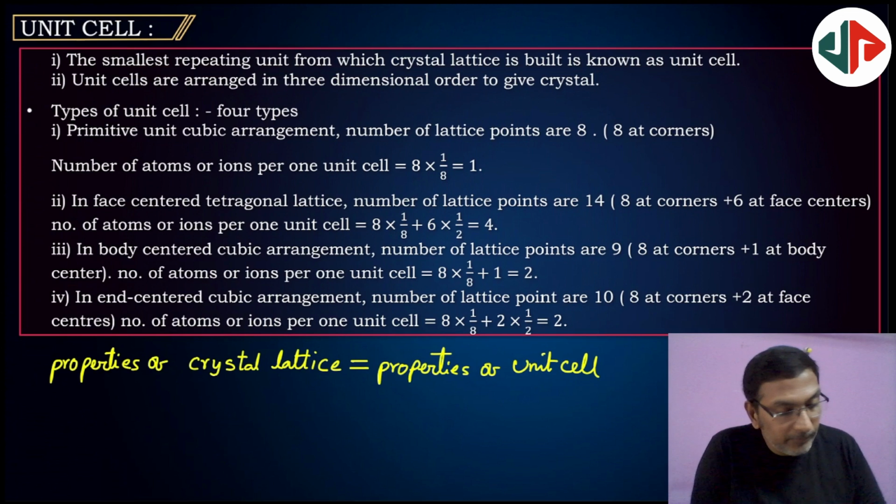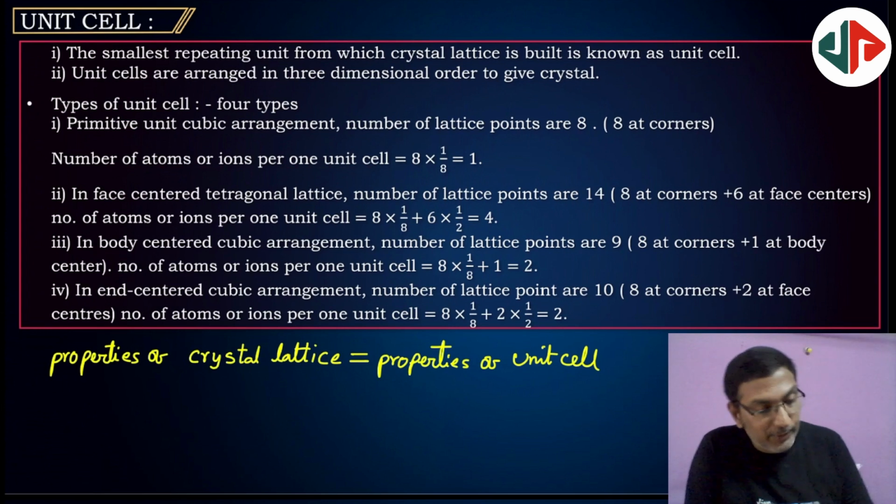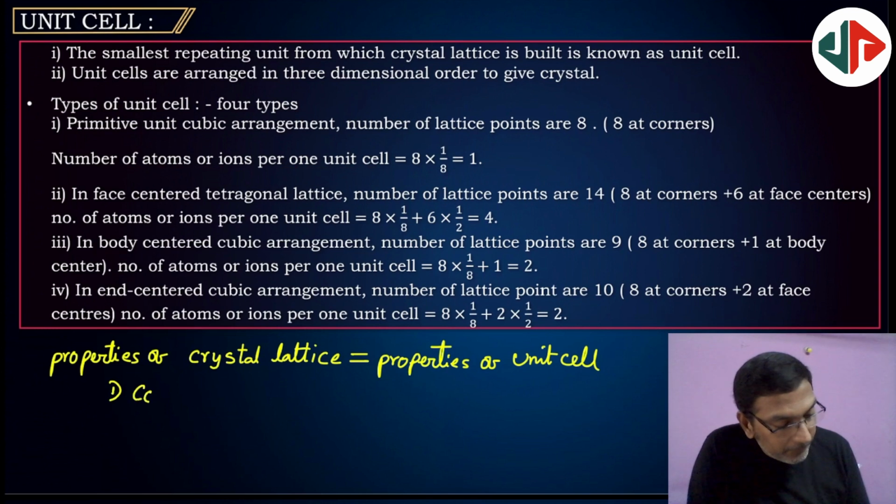Next, types of unit cells. These are four types. Primitive cells: primitive cells are simple cubic arrangement. Here particles will be only at corners. Next, the effective number of atoms can be calculated by taking contribution. If an atom is present at a corner, it contributes 1 by 8 to that cube.